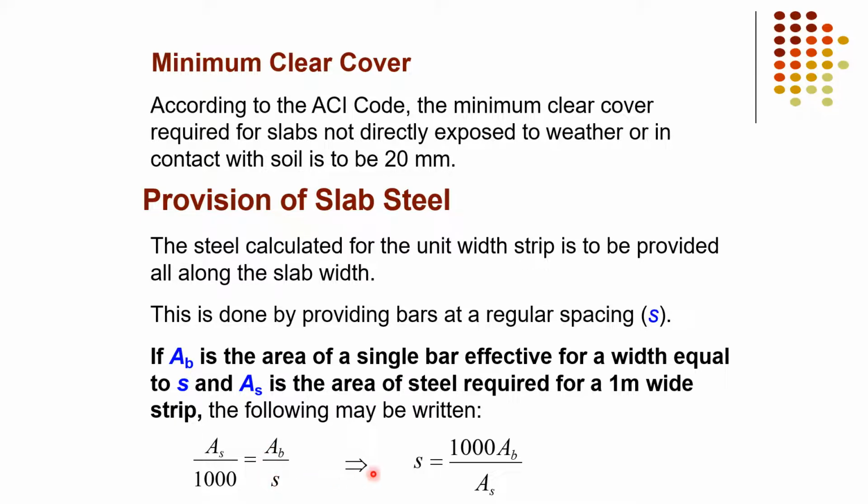So we can get the spacing of the bar. S will be the area of bar divided by the total area, multiplied by 1000. That's how we will calculate the spacing of bars in the slab. In the example, we will get a clearer idea of how to calculate the spacing.